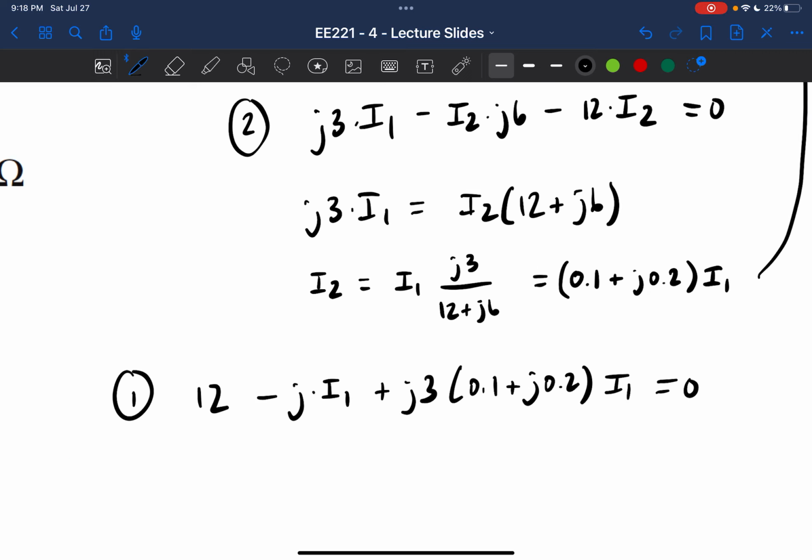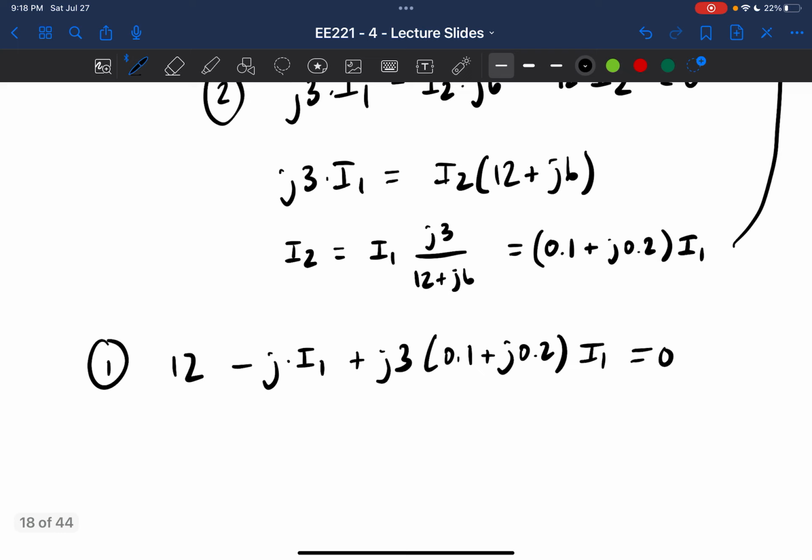And now I should be able to pretty easily solve for I1 here, right? So I got 12, then I've got a minus J times I1, and then I've got a plus J 0.3, and then a minus J 0.6 times I1, and that whole thing's equal to 0.